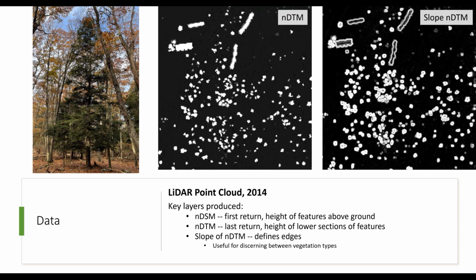Typically, what I found was that the dominant deciduous trees don't appear in that last return layer, while coniferous species do, since the lower branches are hit by the Lidar pulses, shown by the white areas in the center picture. And then lastly, I made a slope layer from that NDTM to act as an edge layer, which I found useful for discerning between vegetation types and to create initial objects to work with.